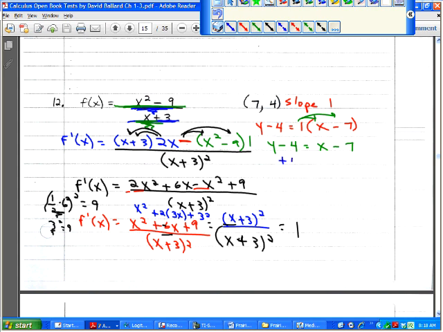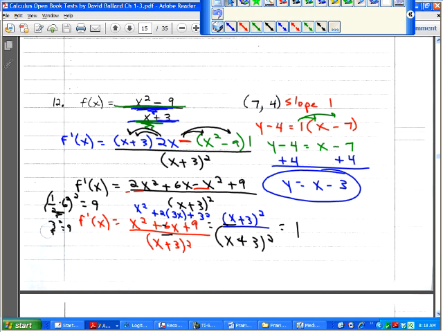Get the junk off of y, or remove that y sub 1 thing. And so we're going to have y is equal to x minus 3. So there is the equation for the line tangent to f of x equals x squared minus 9 over x plus 3 at the point 7, 4.